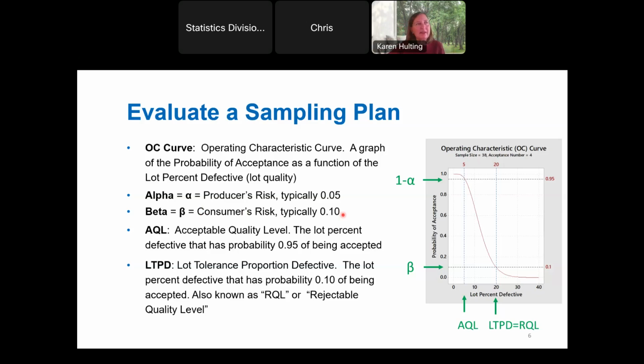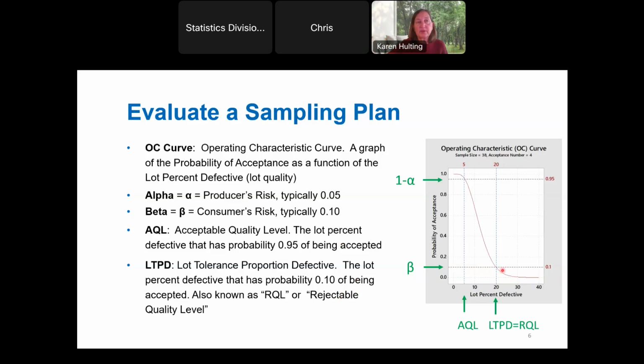We typically set the beta value to 10% and the alpha value to 5%. Now, you absolutely can use beta values of 5%, right? And sometimes different companies will use these tools in different ways. It is a perfectly fine practice to change that beta value to 5%. It just means that you need to keep track of that because it's a different point on the OC curve.